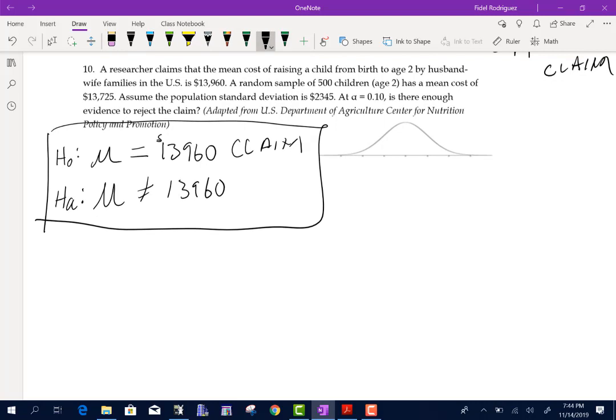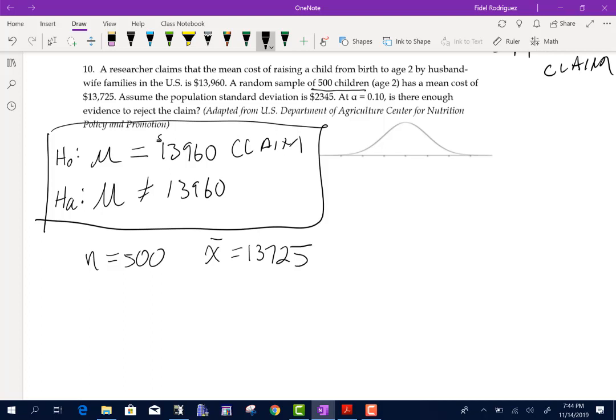Wow. All right, so guys, look, we have that there right now. Now let's see if we can figure things out. Look what it says: a random sample of 500 children. What is that telling me? My n, right? n is 500. It has a mean cost of 13,725, so our x bar is 13,725.